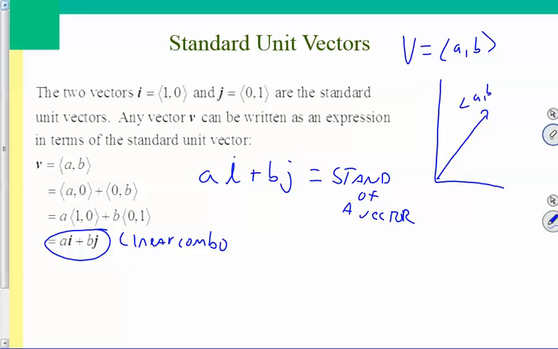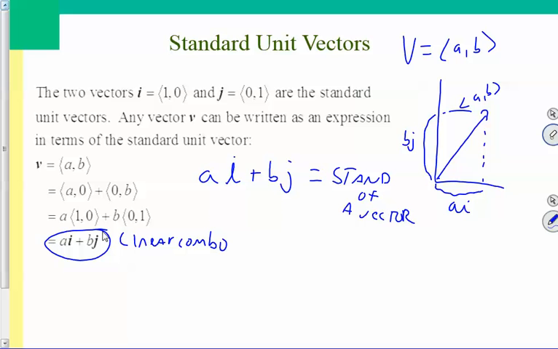When we say a is the horizontal and b is the vertical component, this little bit right here is the ai part, and this little part right here is the bj part, the vertical part.